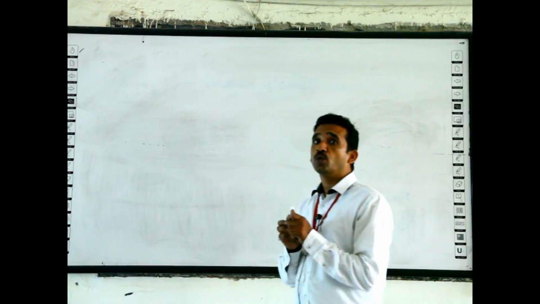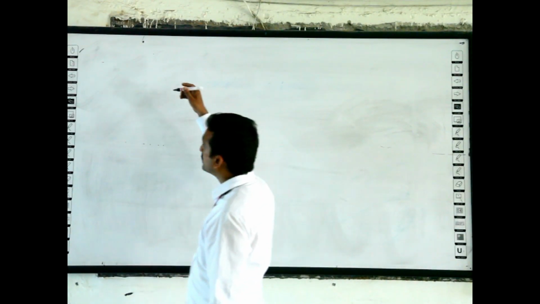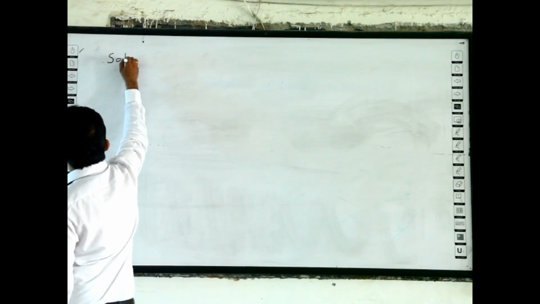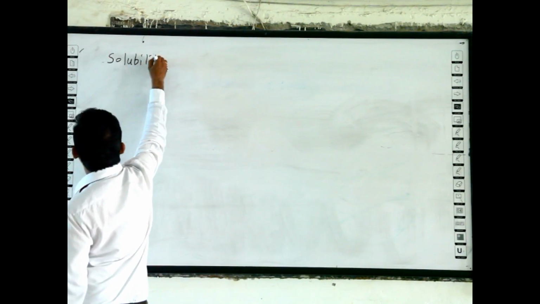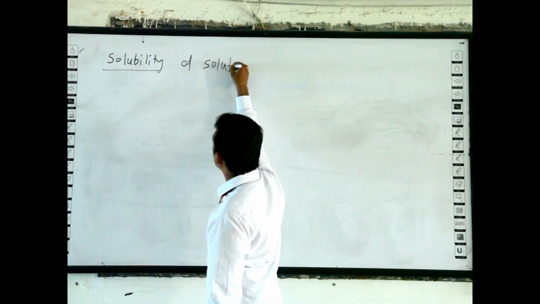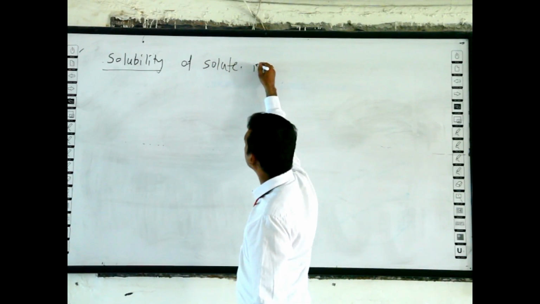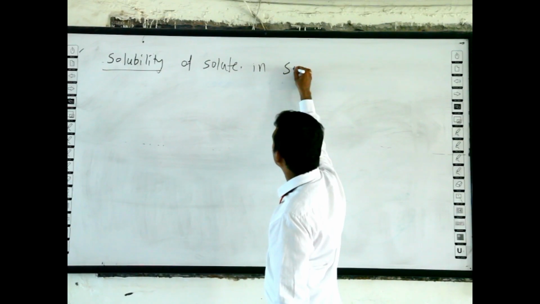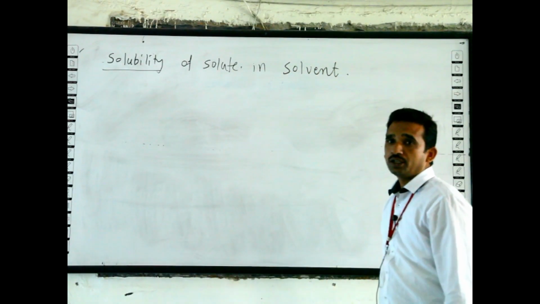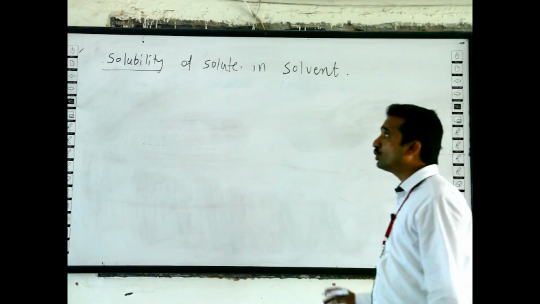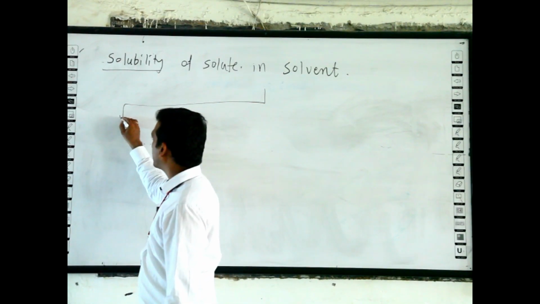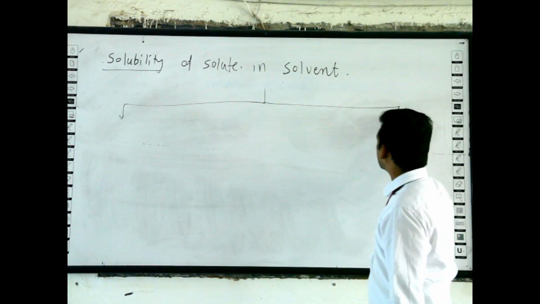After this we have to start a new point, which is solubility of solute in solvent. Generally there are only 2 types of examples about that.